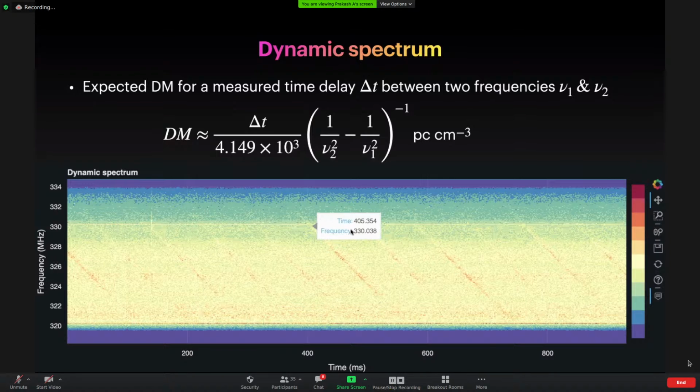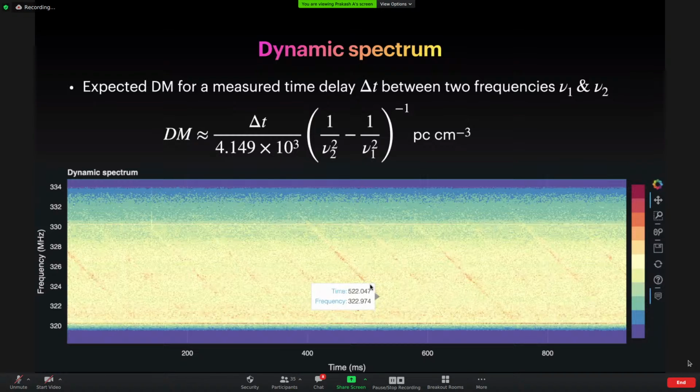For instance, here, at 330 megahertz, the relative time is good enough. We don't need any absolute time. It comes at about 405 milliseconds after the start of the observation. And similarly, you can find it for a different frequency, the time at which it comes, as long as it's part of the same signal.